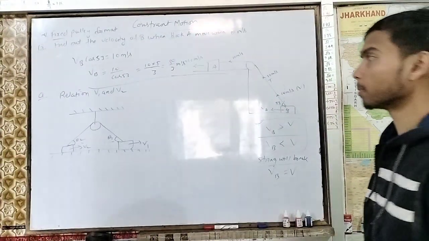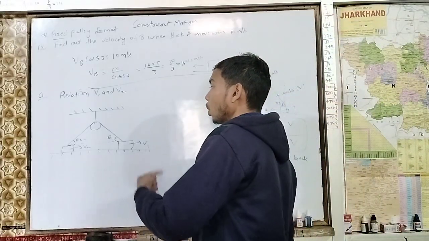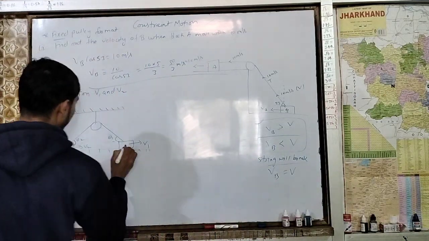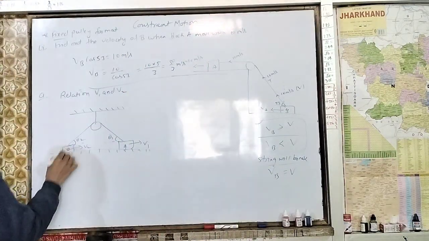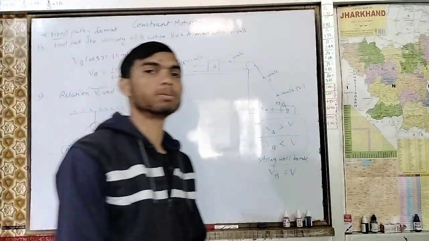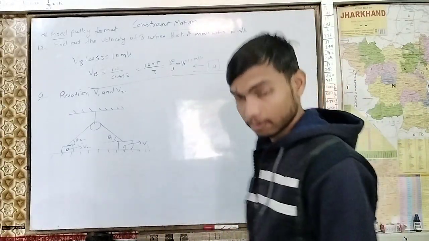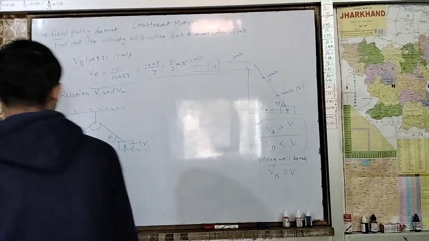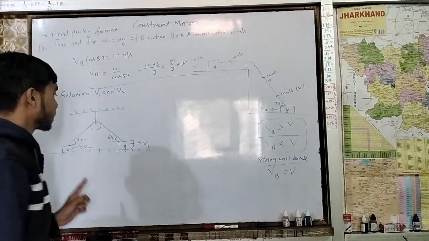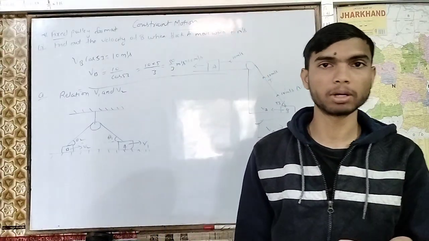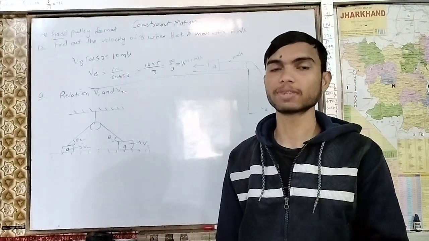Both are velocities, but V1 is the velocity of this block A, and V2 is the velocity of block B. Tell me what the relation should be. First of all, don't care about relative motion. Second, never take components for a specific direction.